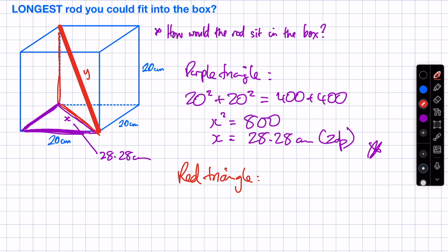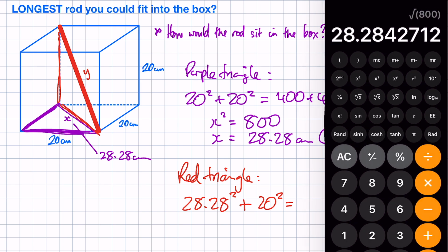And so your last working out is going to be 28.28 squared plus 20 squared, because we know how tall that back side of the box is: 20. I don't know what 28.28 squared is off the top of my head.